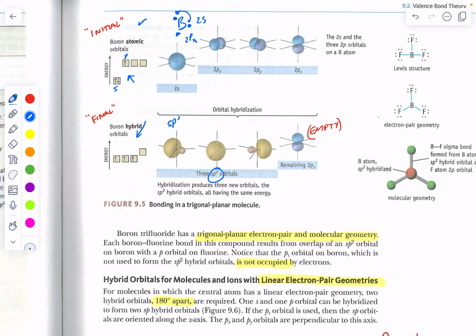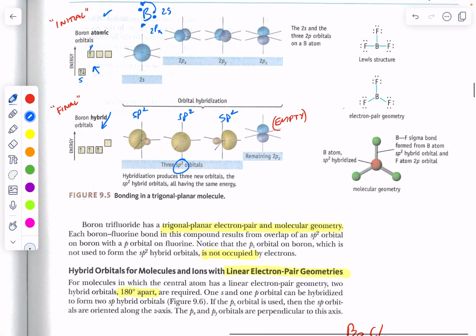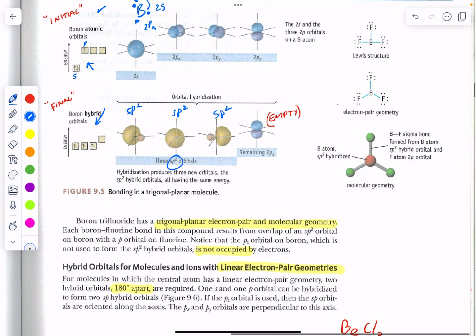This is an sp2 orbital. This is an sp2 orbital. This is an sp2 orbital. Each of the 3 sp2 orbitals are a hybrid of an s and a p orbital together. And we distribute them. And when we distribute them, we get a 120-degree bond angle.